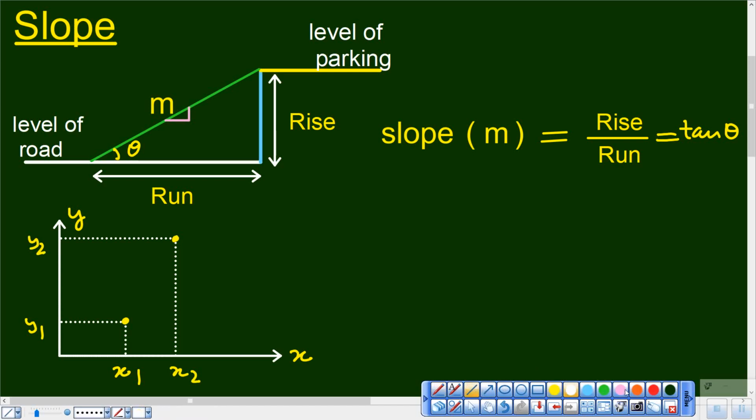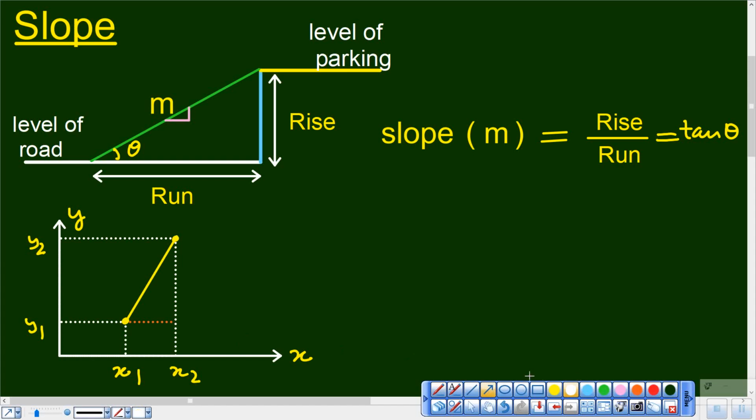If I draw a horizontal line to denote the gap between the two x coordinates, then the slope of this line segment joining these 2 points can be got by taking the ratio of rise upon run.